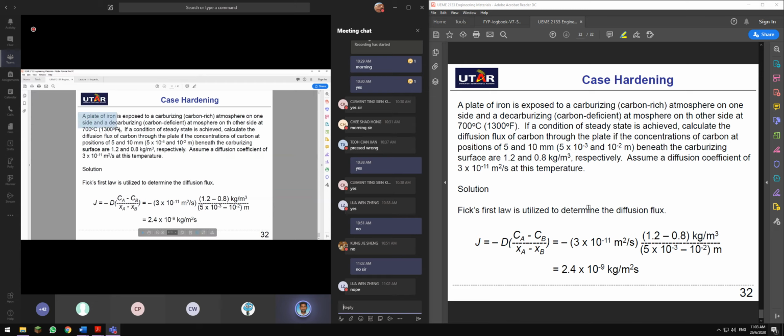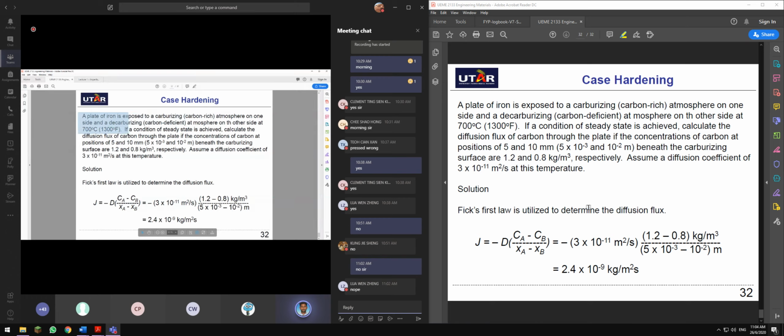So they have given you the temperature, 700 degrees Celsius. If the condition of steady state is achieved, so steady state, right, we are talking about Fick's first law. Calculate the diffusion flux, J, of the carbon through the plate. So you have an iron plate and you are exposing it to a carbon-rich atmosphere at one side and a carbon-deficient atmosphere at the other side.